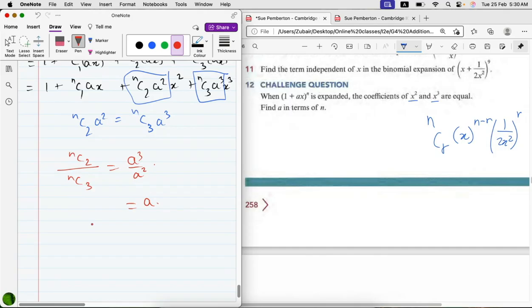So this is n factorial over 2 factorial into n minus 2 factorial, over n factorial over 3 factorial into n minus 3 factorial. We are solving for a.